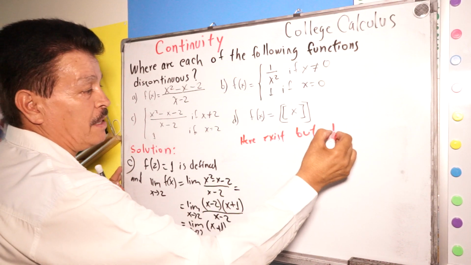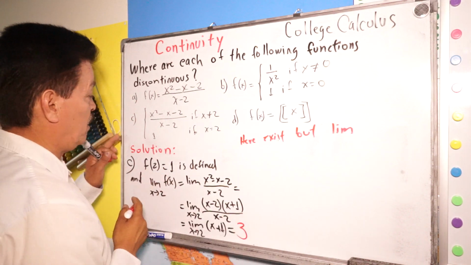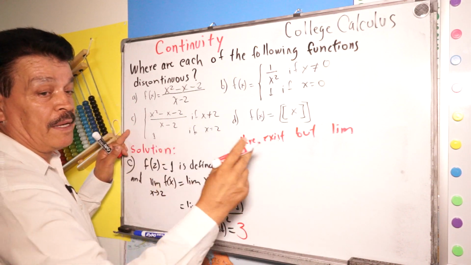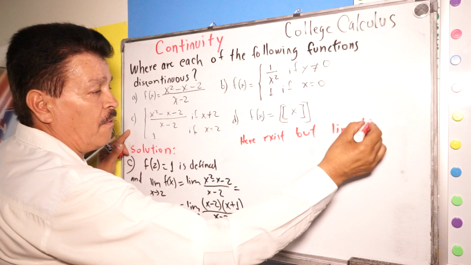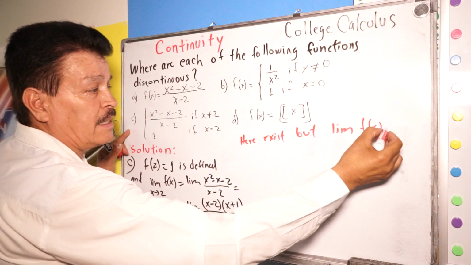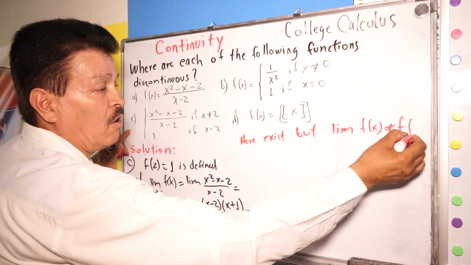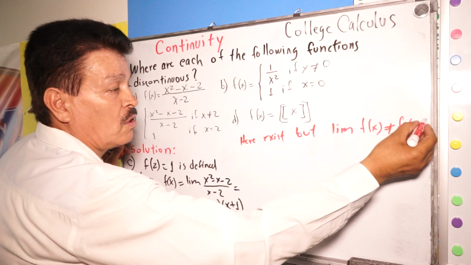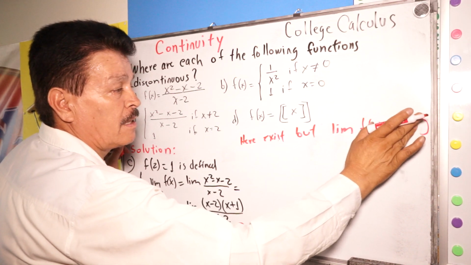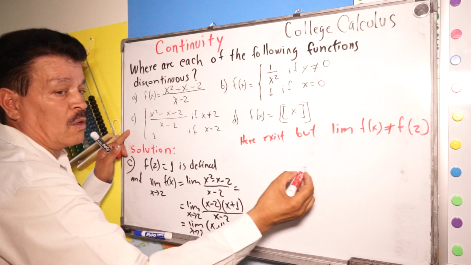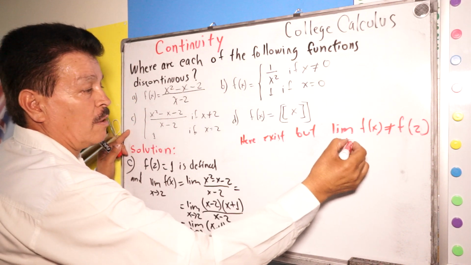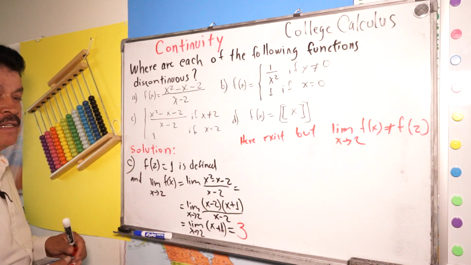The limit of f of x is different from f of 2 when x approaches 2.